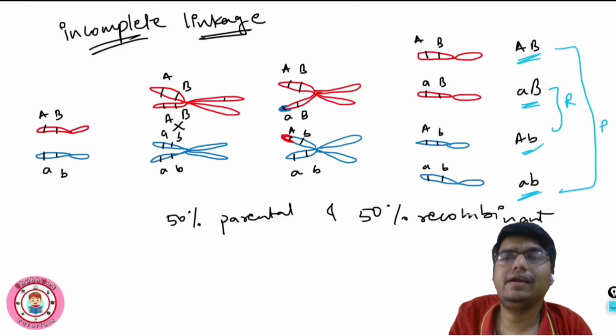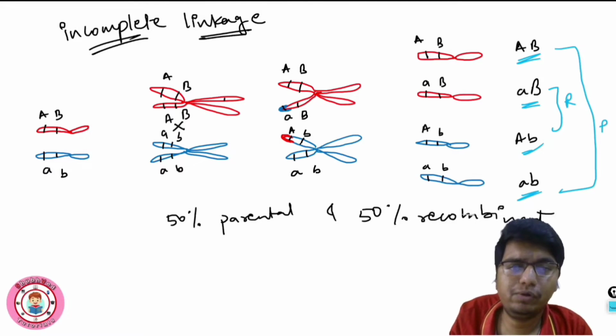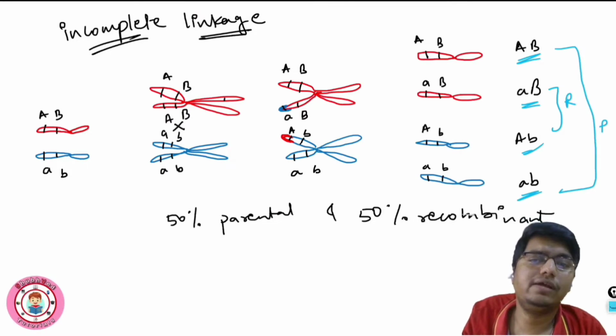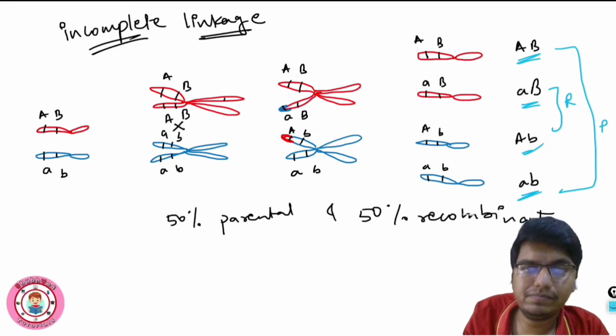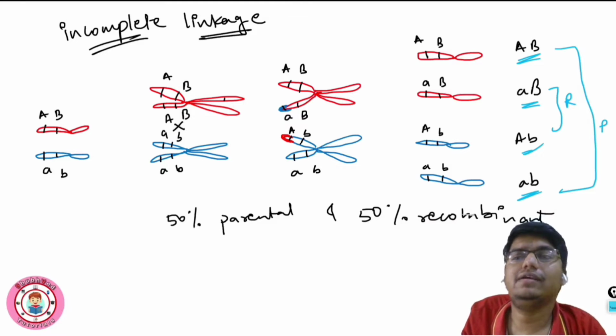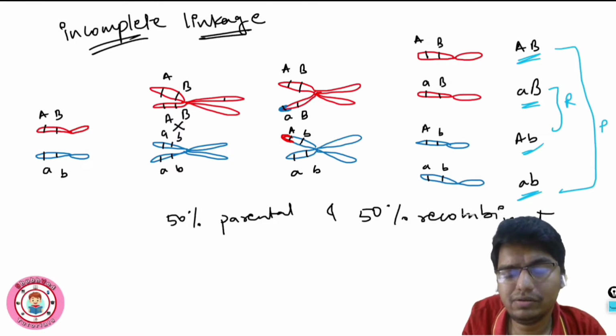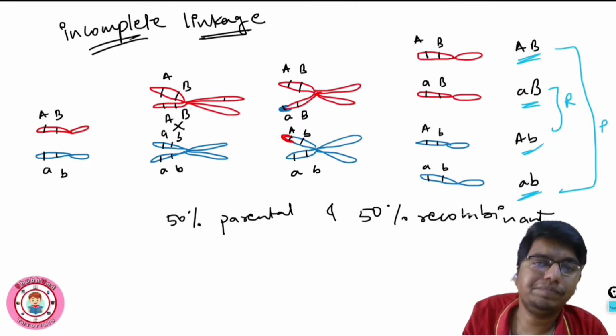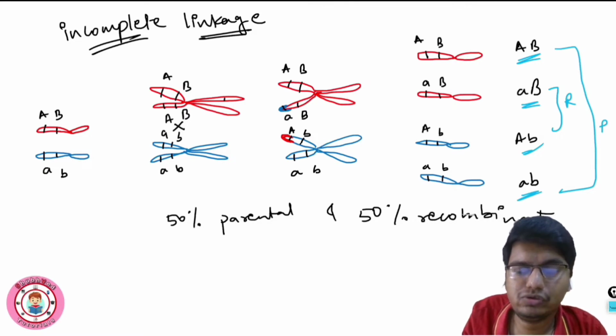In complete linkage, crossing over does not occur, and thus recombinants are not produced. But in this type, crossing over occurs and recombinants are produced. Due to crossing over, recombinants are produced, or if the genes are located on different chromosomes, then due to independent assortment, recombinants are produced.